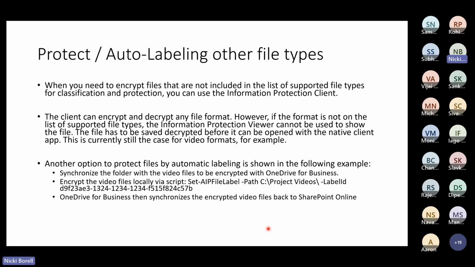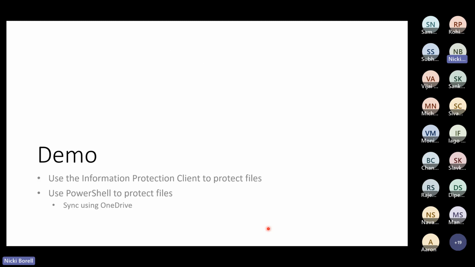And if you have made some manipulations on this file, or edited it and have a new version, then you manually need to protect it again using PowerShell or the information protection client. But at the end, from a high level perspective, we can, using these capabilities, protect every file you have on your system. I'll show you some demos about this.